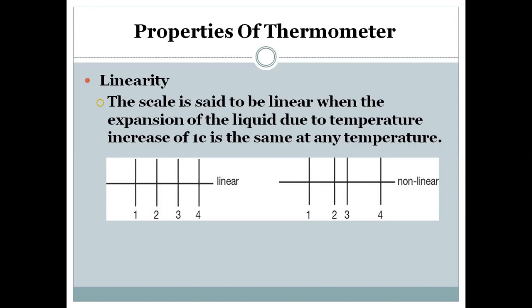Now, as you see in these two figures, they represent a linear liquid used in the bulb of a thermometer and a non-linear liquid used in the bulb of a thermometer. As you see here, for every 1 Celsius increase in temperature, the liquid expands the same distance from 1 to 2, the same distance from 2 to 3, the same distance from 3 to 4.